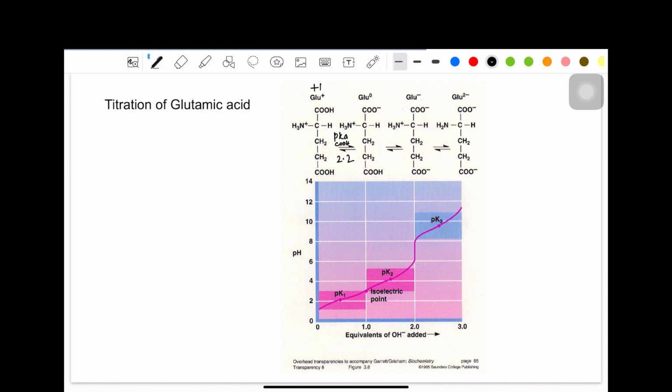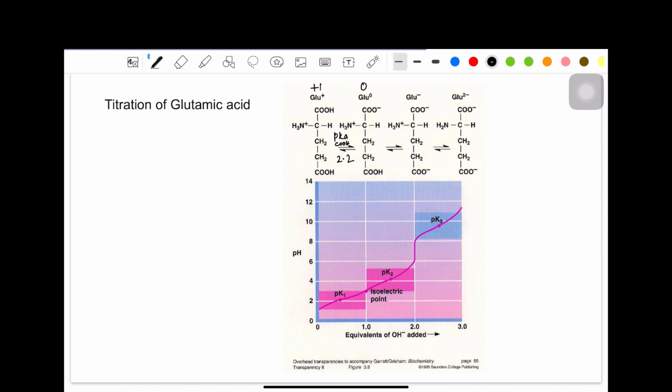So when the pH goes above 2.2, the carboxyl acid group loses its proton. So now, what is the net charge on the molecule? The carboxyl acid group is negative, but the amino group is positive. Therefore, the net charge on the molecule is 0.